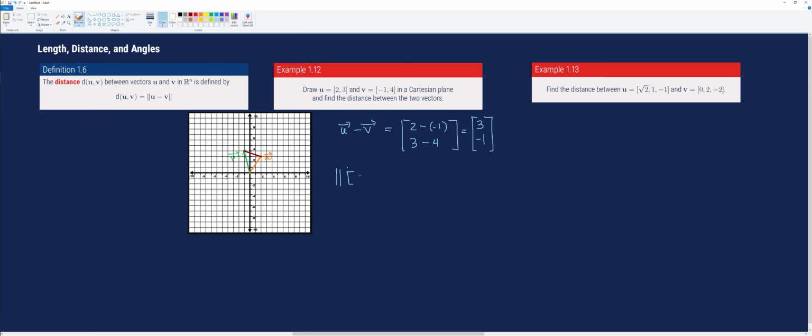So I will write this one as a row vector. So the norm of this vector is the square root of 3 squared plus negative 1 squared. And this is equivalent to the square root of 9 plus 1, which is equal to the square root of 10, or around 3.16 units. Notice that the process is the same as getting the distance between 2 points in geometry.